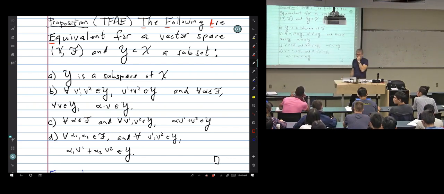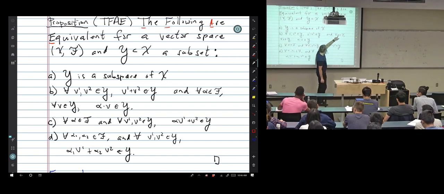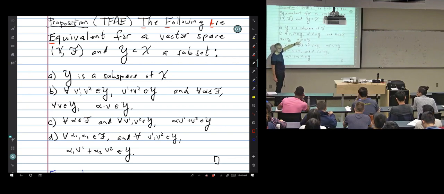Question? So in this example, it's obvious that there's a zero vector, but you just get to state that, you know, if you make beta equal to 0, then you have the zero vector in the subspace. Is that necessary? Do you have to state that? Well, this is for every alpha, so if I take the 0 element of the field, and it's closed under scalar times vector multiplication, then the 0 vector is in here because the 0 scalar times any vector is the 0 vector.